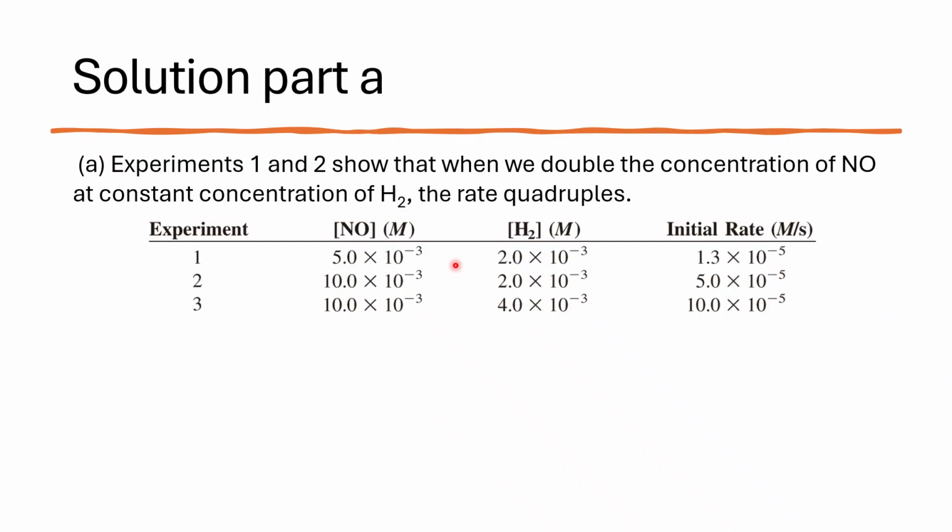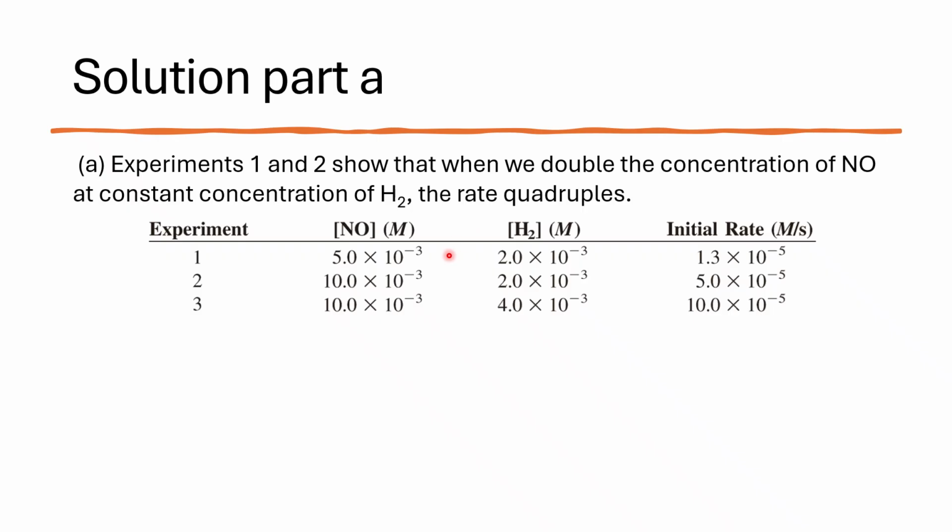This allows us to explore the effect of changing the concentration of NO on the overall rate. Clearly, if we're leaving H2 the same, it's not going to impact the rate, but NO may.